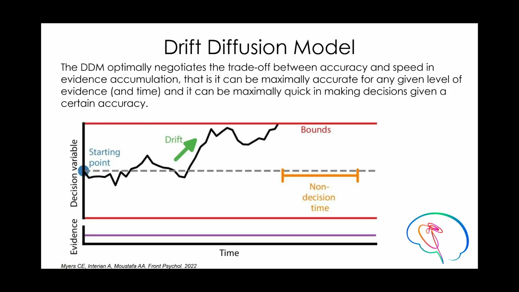Now, starting with the drift diffusion model, as I was saying, there are some principles behind it, and you can find mathematical derivations of it, or the mathematical proof for this trade-off that I'm claiming here. With the drift diffusion model, it can optimally negotiate this trade-off between accuracy and speed, which means that if we ask the model to be of a specific accuracy level, then we can tune it to be the fastest model that reaches that accuracy level.